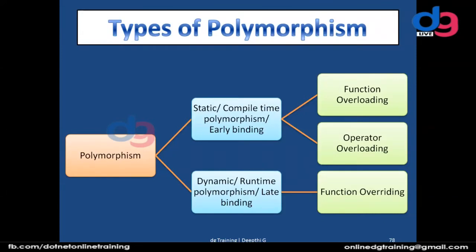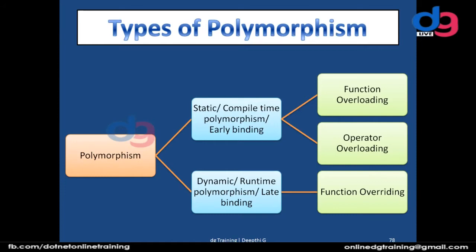To achieve dynamic polymorphism, we use function overriding, and to work with static polymorphism, we use function overloading. That means if you are working with function overloading, it is static polymorphism. If you are working with function overriding, it is dynamic polymorphism. So there are two types of polymorphism: static and dynamic.